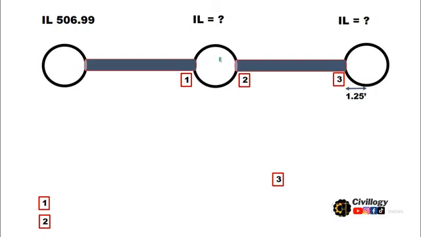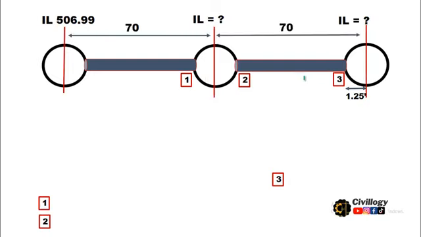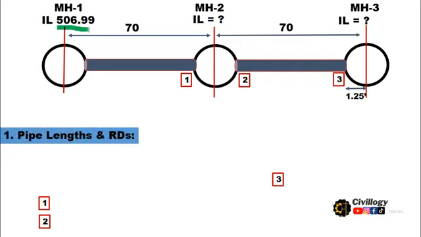This is the second manhole, and then there is the third manhole, and the center to center distance of these manholes is given as 70 feet. Okay, and this is manhole number 1, this is manhole number 2, and this is manhole number 3, and the invert level of the manhole is given to us, which is 506.99.